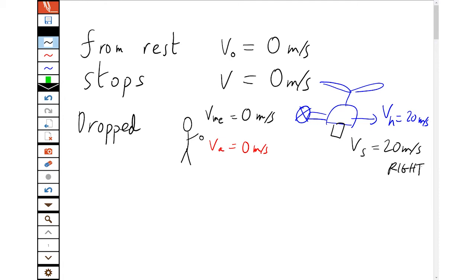Another value that very often turns up in these problems is g, the acceleration due to gravity near the surface of the Earth. If I drop this apple, I know it'll fall down, and the acceleration will be the acceleration due to gravity, 9.8 meters per second squared down.